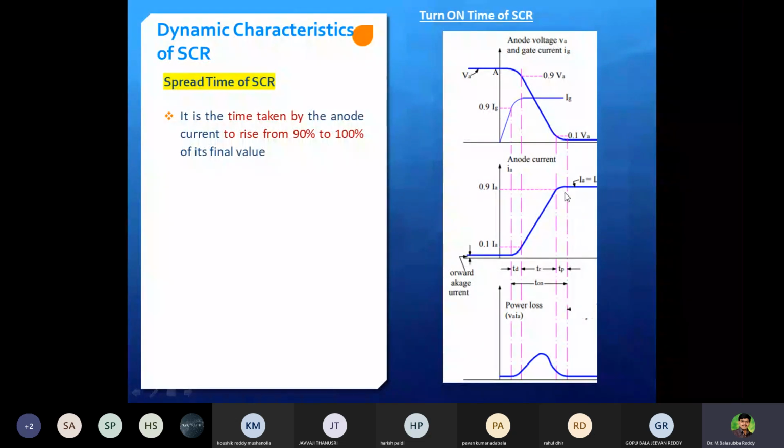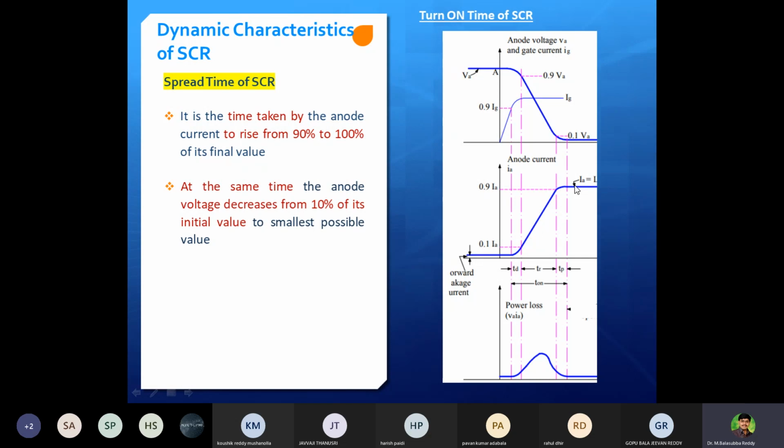But here we can also see that the current has almost reached the rated value, that means 90% of its rated value. The time taken to increase the anode current from 90% to 100%, the final value, we call the spread time. That's what I mentioned there.